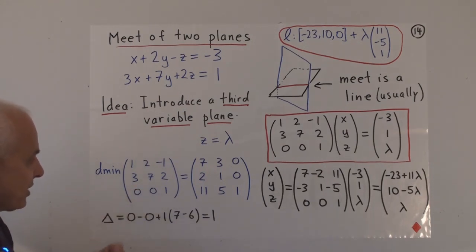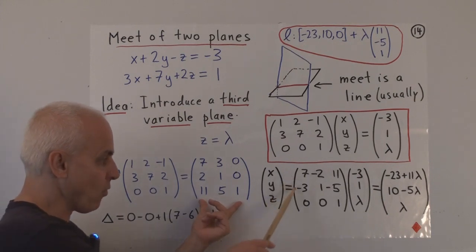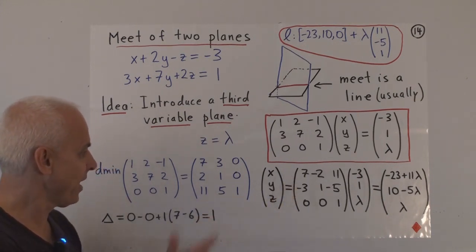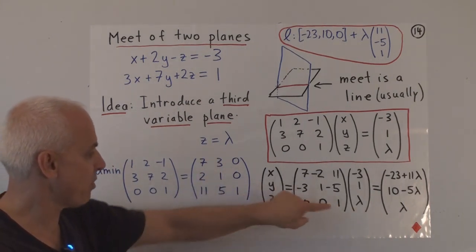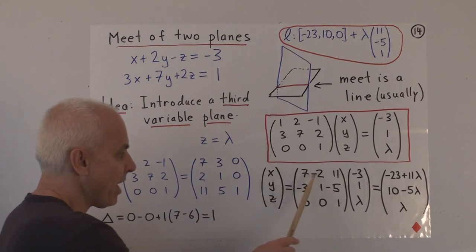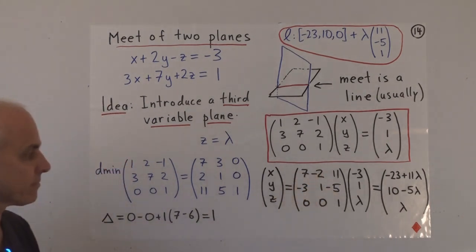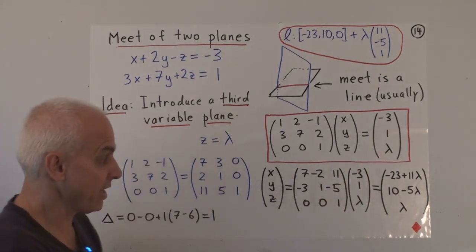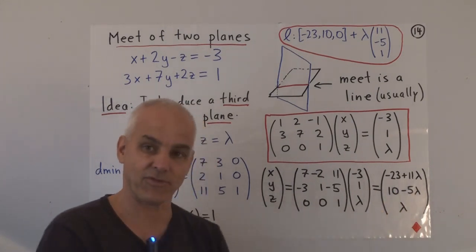So the inverse matrix is then obtained by taking this d-min matrix. First of all, doing 1 over the determinant, but 1 over 1 is 1, so we don't bother. Then this transposed. So there's the transpose of that matrix, followed by putting minus signs in these odd places. And then when we multiply by minus 3, 1, lambda, we get an expression involving not just numbers, but also some lambdas.